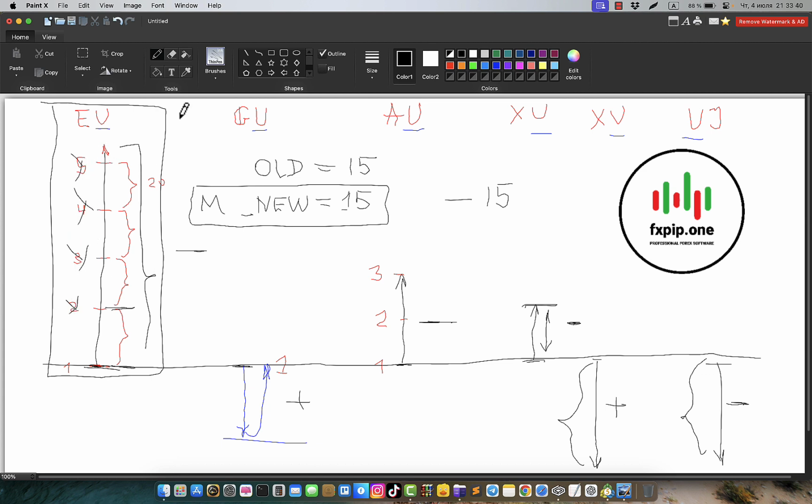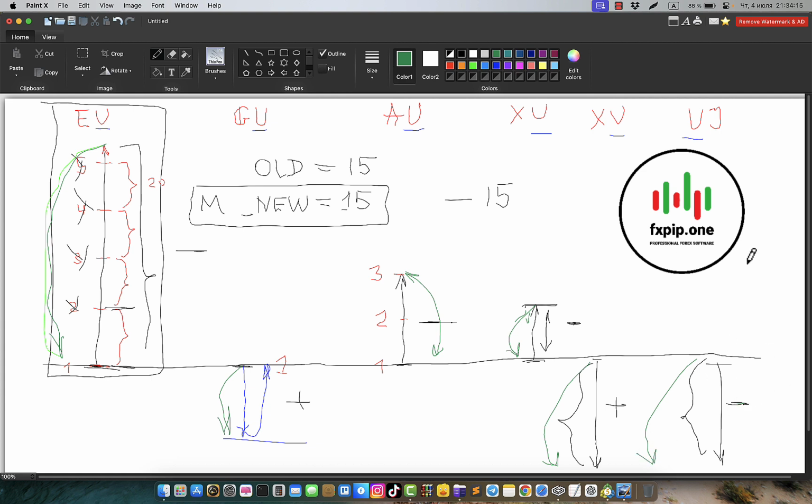What will we do? We will sum these distances, all of them. That will be the green color, okay? We take this distance in plus, this in minus, this distance in minus, this distance in plus, this distance in plus, in minus, sorry.